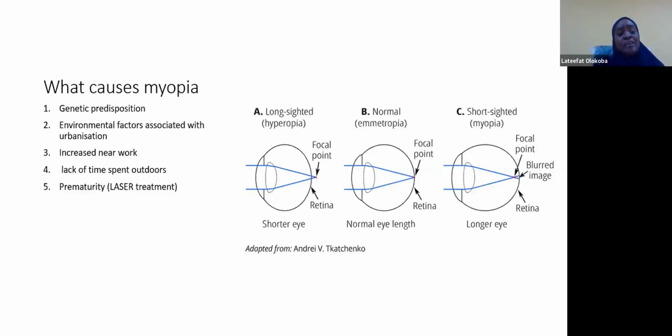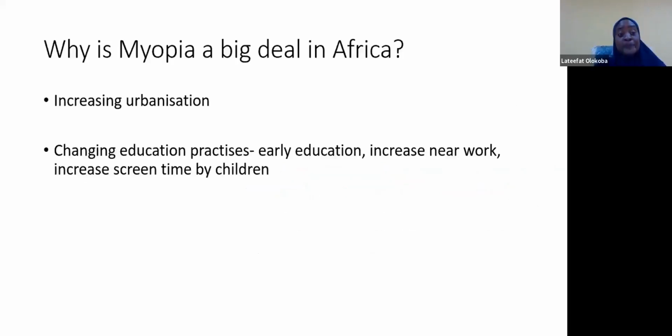But more importantly, a number of environmental factors have also been identified as factors that tilt children towards myopia, one of which is urbanization and increased near work. Also, lack of time spent outdoors and lack of exposure to sunlight have been identified as factors that can tilt the child towards myopia. And recently, with the rise in the incidence of retinopathy of prematurity, babies that are treated with laser treatment tend to develop myopia.